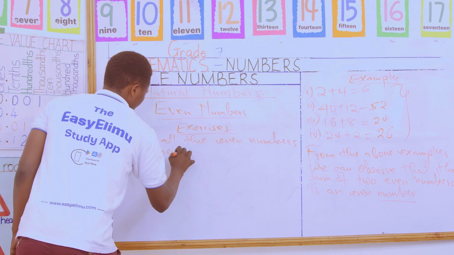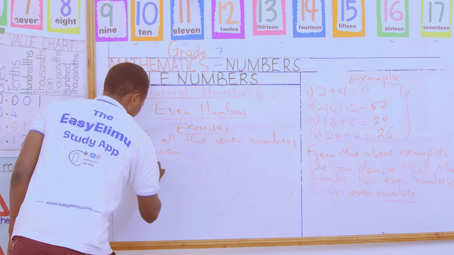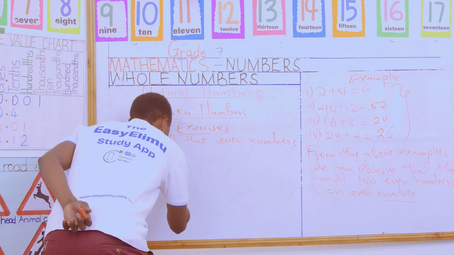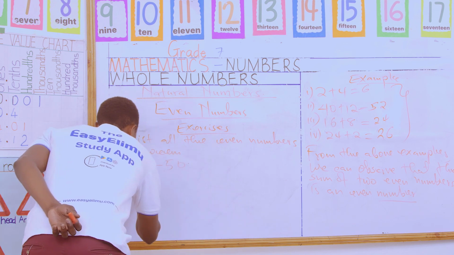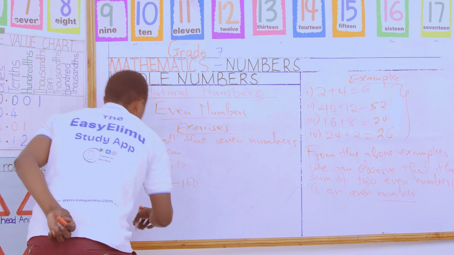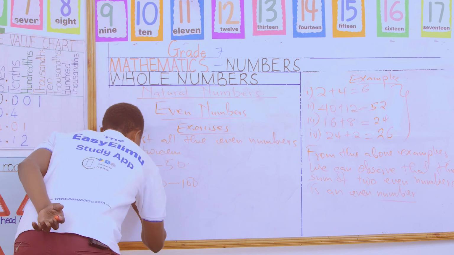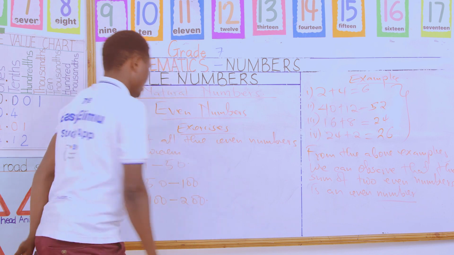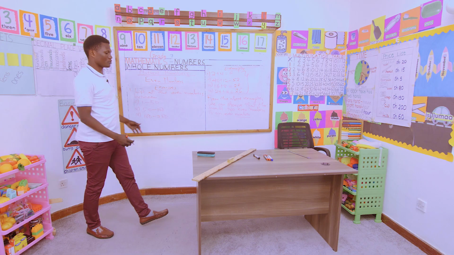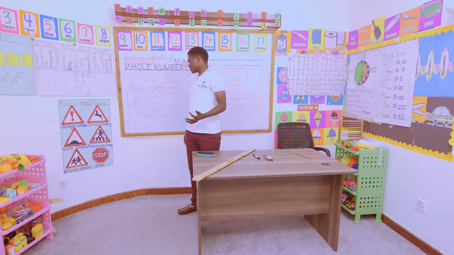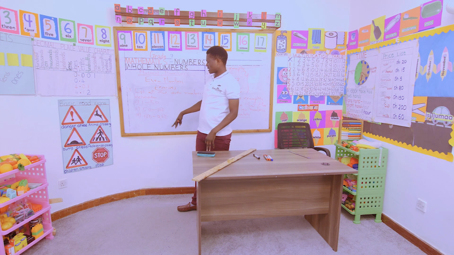between Roman 1, 1 to 50, Roman 2, 50 to 100. Then probably Roman 3, 100 to 200. List all the even numbers between the first interval, 1 to 50, 50 to 100, and 100 to 200.